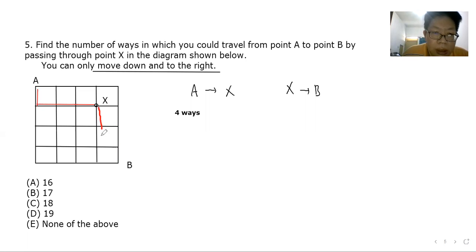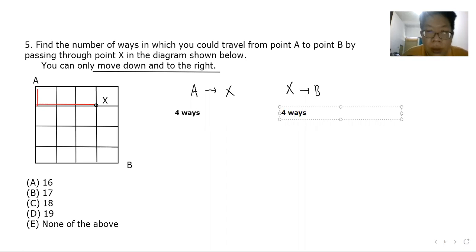The third way is the fourth way is here. So I repeat. The first one is here. One, two, three, and four. So there are also four ways to travel from point X to point B.